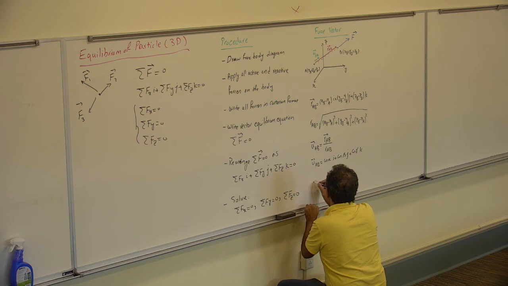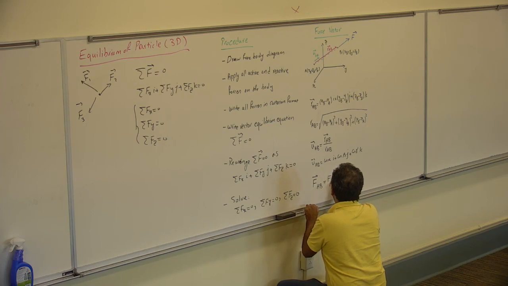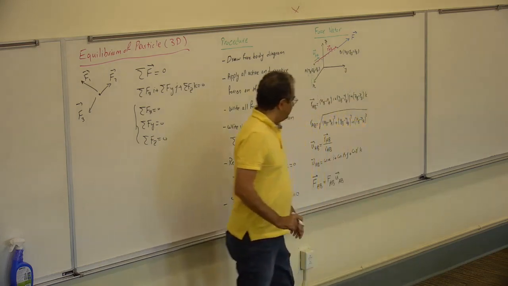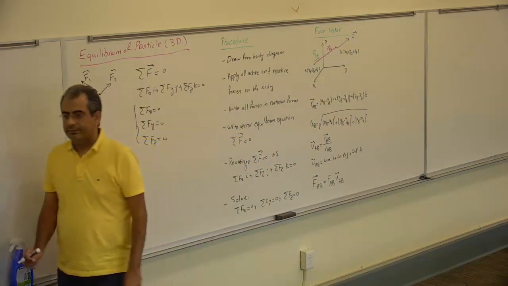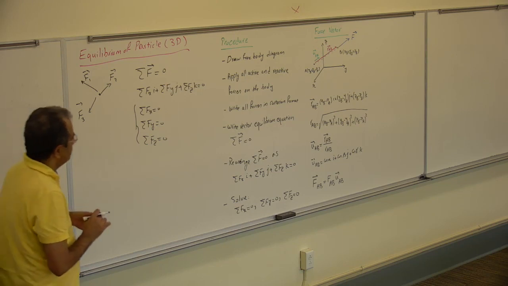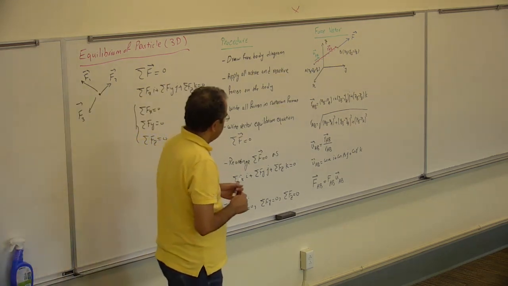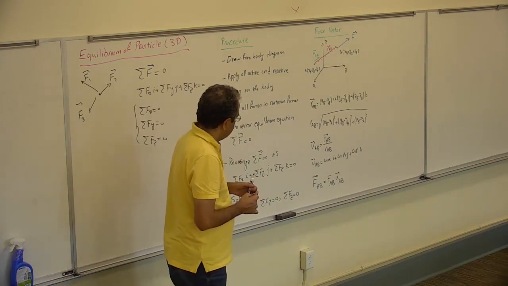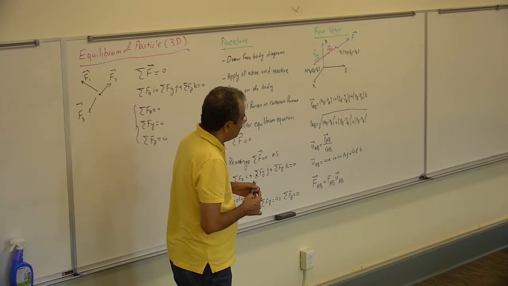And then at the end, FAB is the magnitude of FAB times UAB. How is FAB equal to the magnitude of FAB times the UAB?